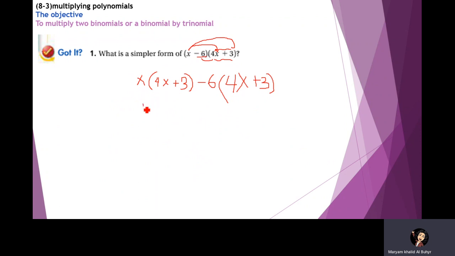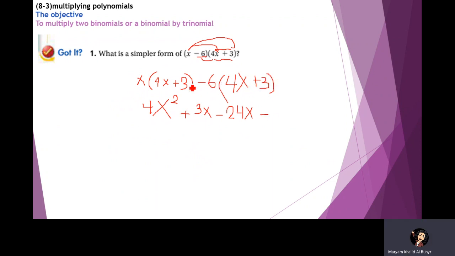Multiply them. That will be 4x to the power 2 plus x times 3, 3x, minus, and 6 times 4, that is minus 24x. Then minus 6 times 3, don't forget the minus.